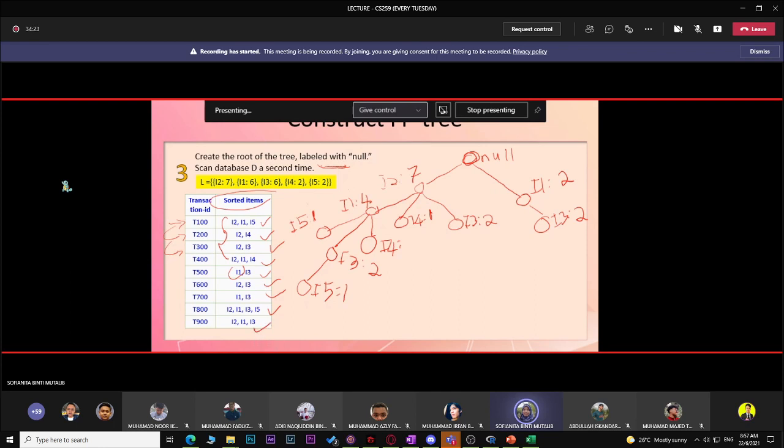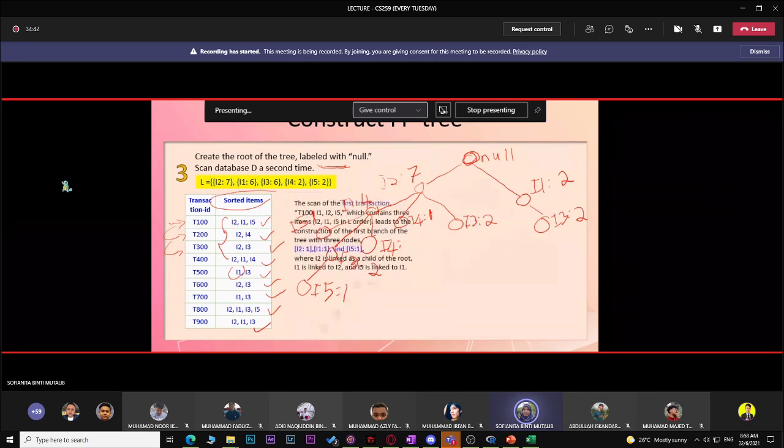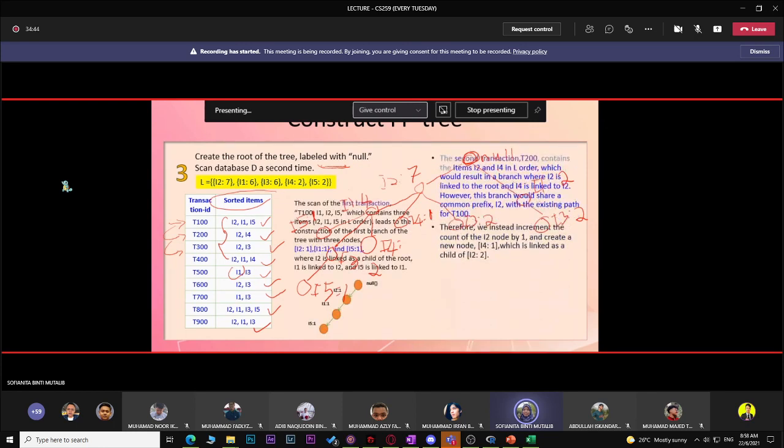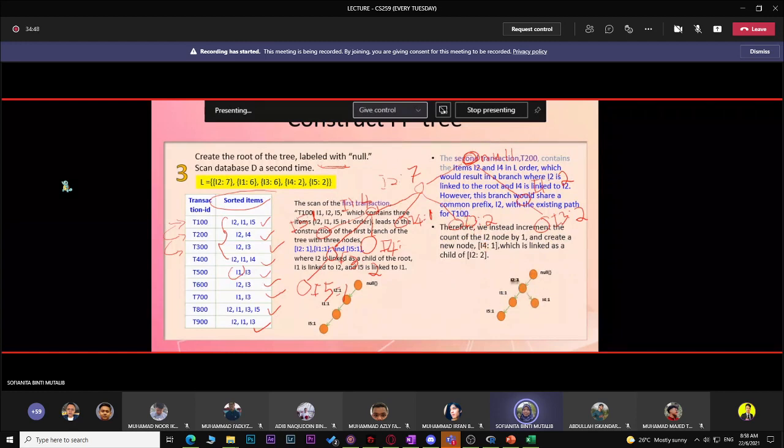Boleh dapat yang ni? So this is what we call as the tree. Yeah, FP tree, frequent pattern tree. Okay. So you can see it in the slide being explained. Yeah. So I don't have to read it out. Okay, you can just refer to it later on.